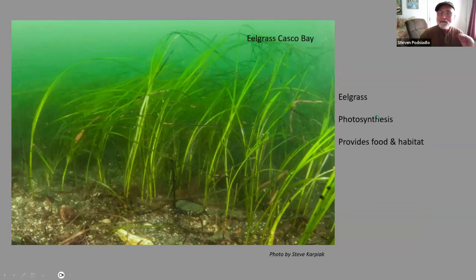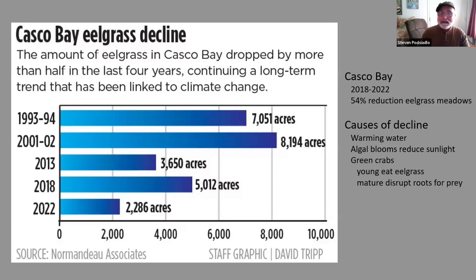Eelgrass. Eelgrass photosynthesizes, and it provides food and habitat. Pieces of eelgrass will break off, and fish and crabs and invertebrates will eat it. In Casco Bay, between the years 2018 and 2022, there was a 54% reduction in eelgrass meadows.